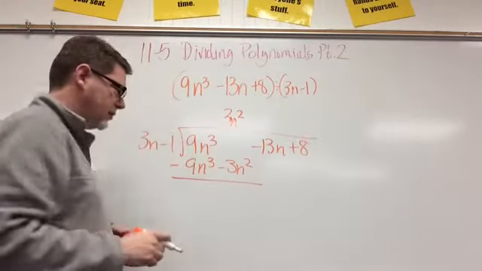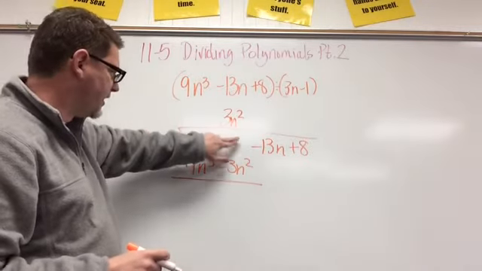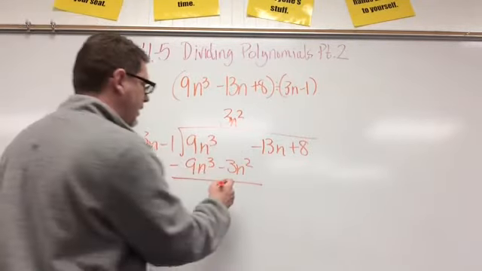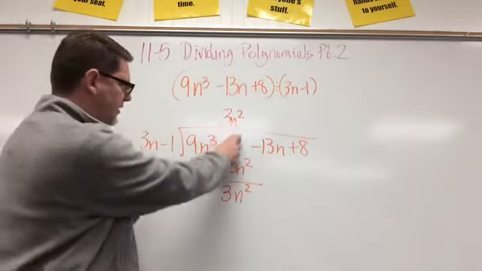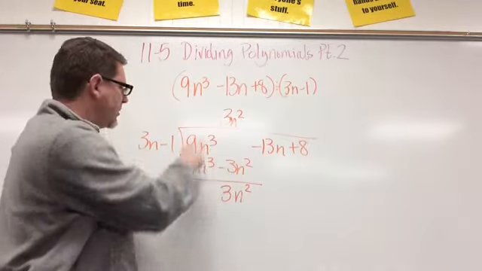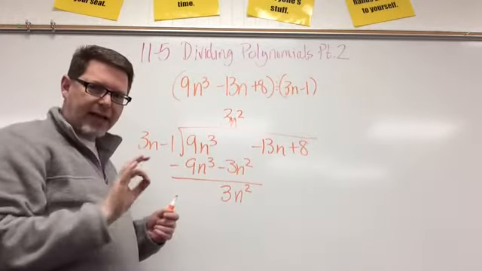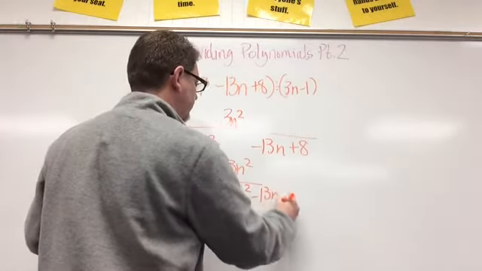Here's the tricky part. 9n cubed minus 9n cubed is 0, but 0 minus negative 3n squared is positive 3n squared. I'm going to say that again. 0, which is essentially what's here, minus a negative is going to be positive.